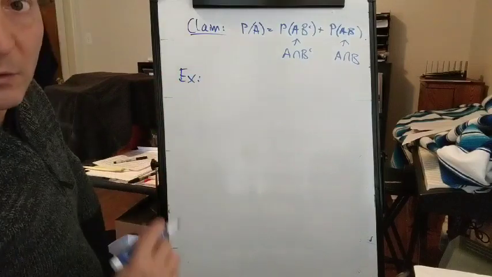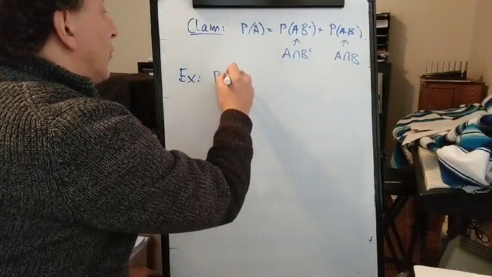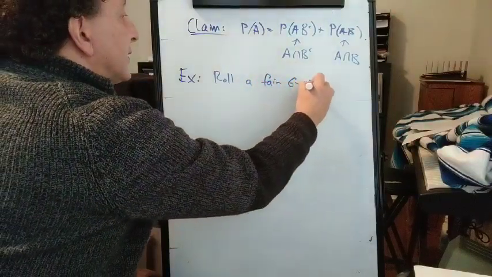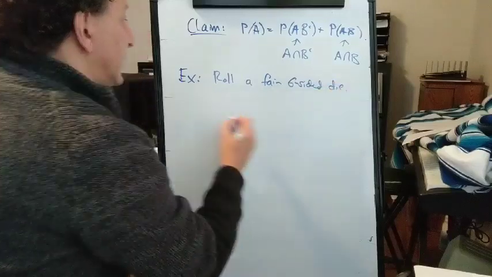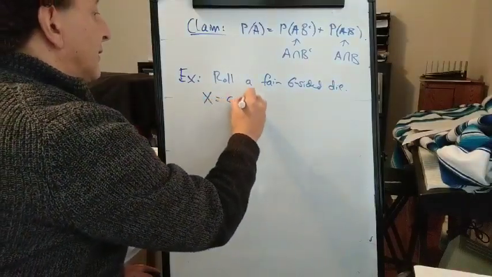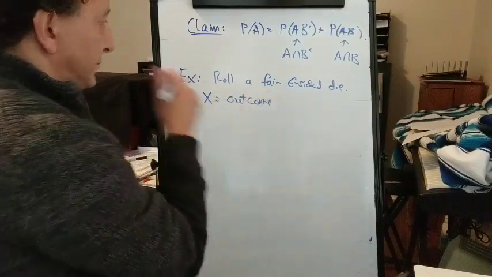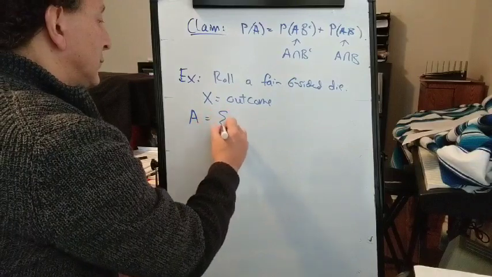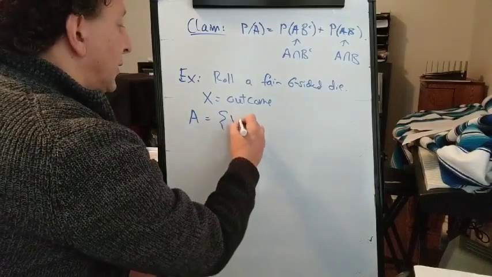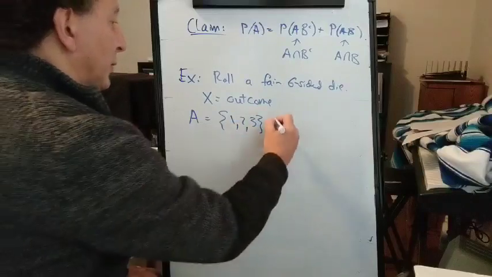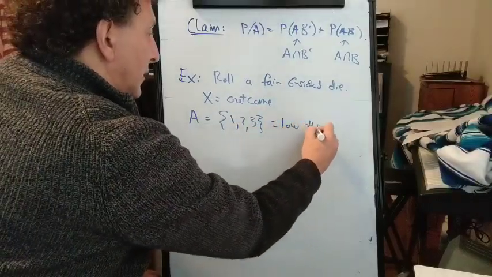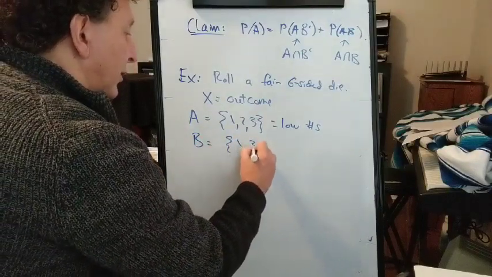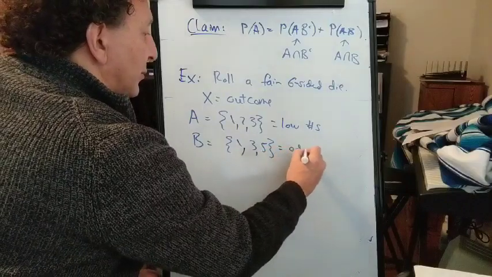All right, for example, let's say our experiment is rolling a fair six-sided die. And let's let X be the outcome. Let's let A be the set 1, 2, 3, so the low numbers. And let's let B be 1, 3, and 5, so the odd numbers.